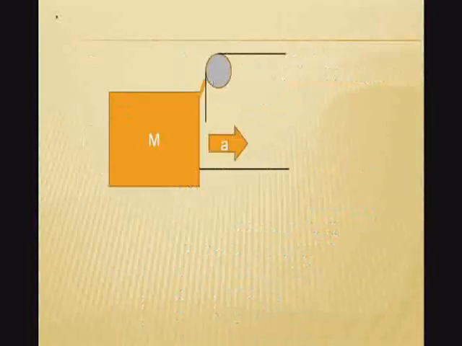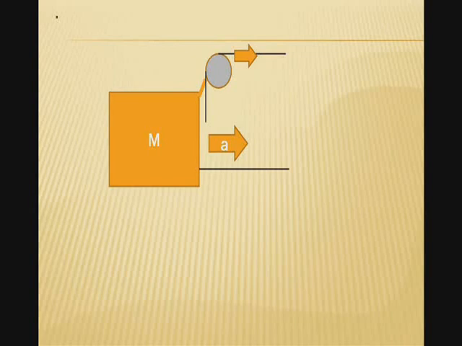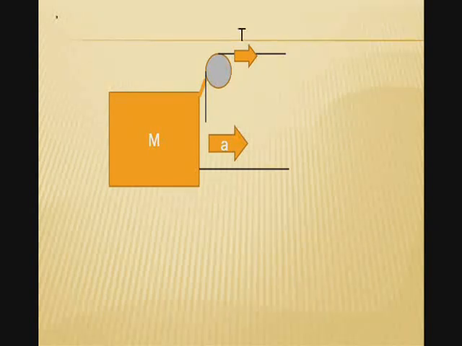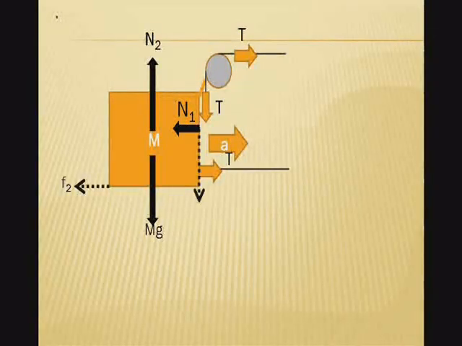Now we will find the equation for the bigger block. T is acting here, again T here, T here, normal reaction, Mg and N2, friction, again friction F1 because of the smaller block.